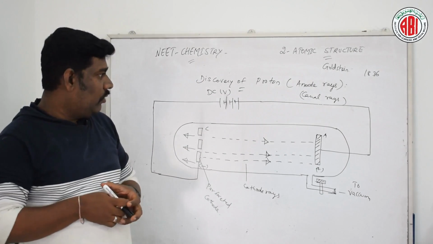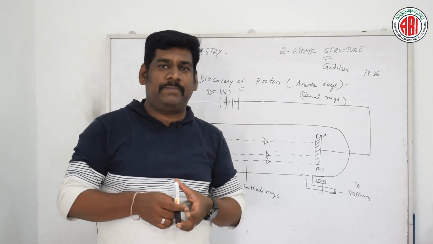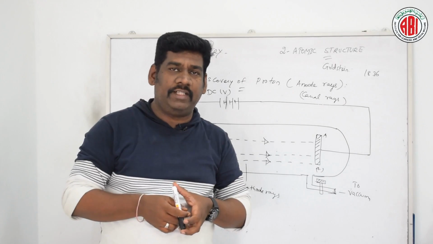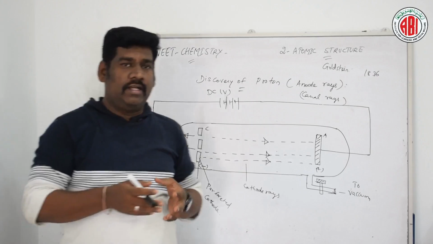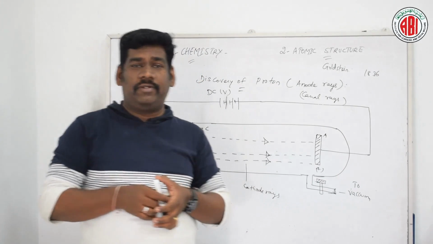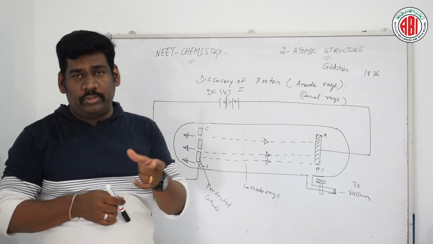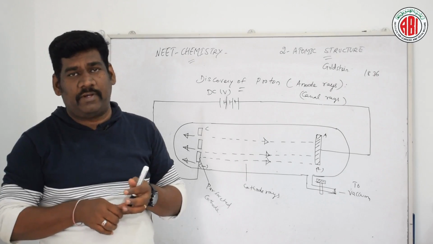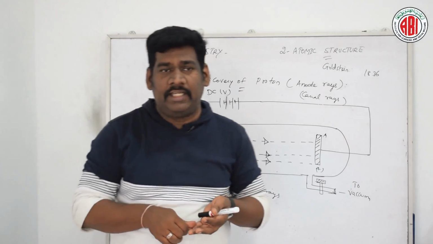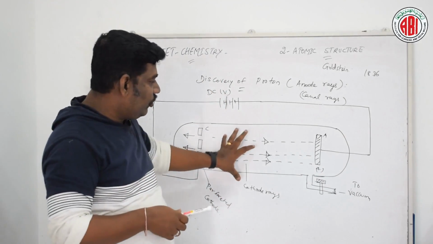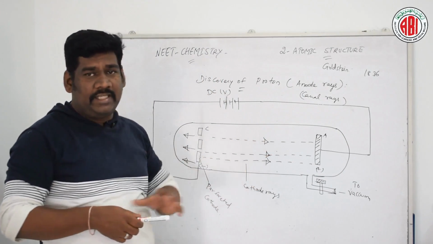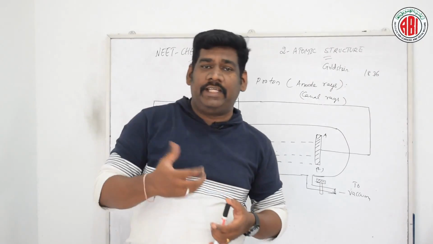Now consider the charge and mass of the particles constituting the anode rays, that is, the canal rays. Unlike cathode rays, the charge to mass ratio of anode rays was found to depend upon the nature of the gas considered in the discharge tube. So based on the gas, it can be calculated.